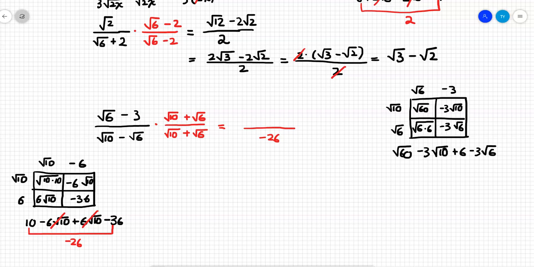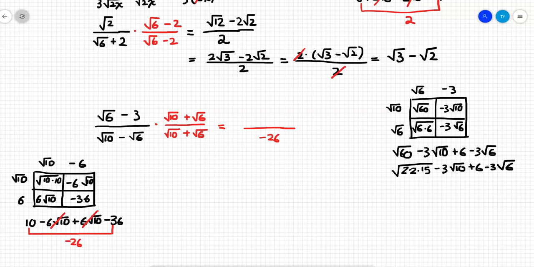So the only thing when you look at it, we can rewrite the square root of 60 as square root of 2 times 2 times 15. There's nothing I can do with the minus 3 square root of 10, the plus 6, and the minus 3 square root of 6.